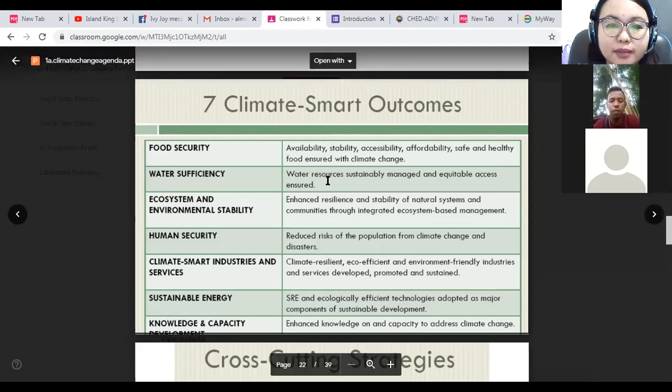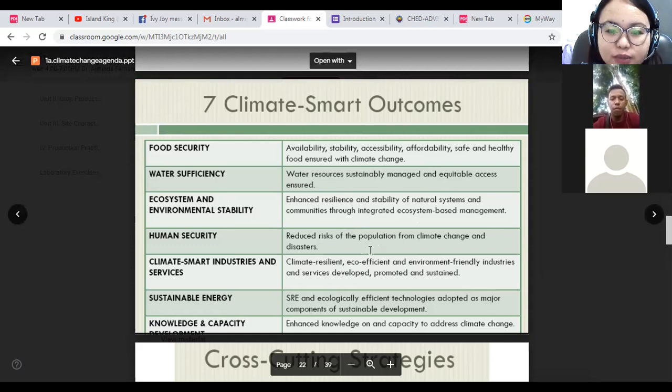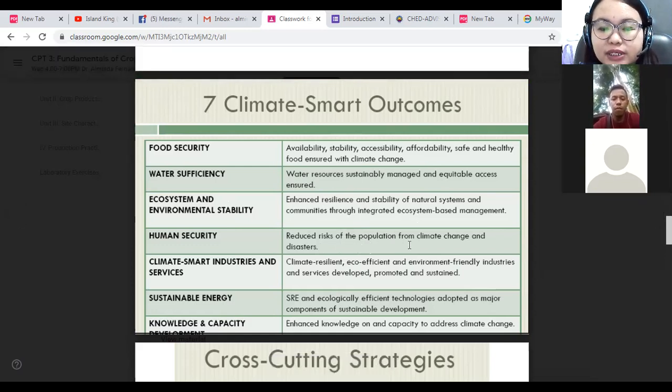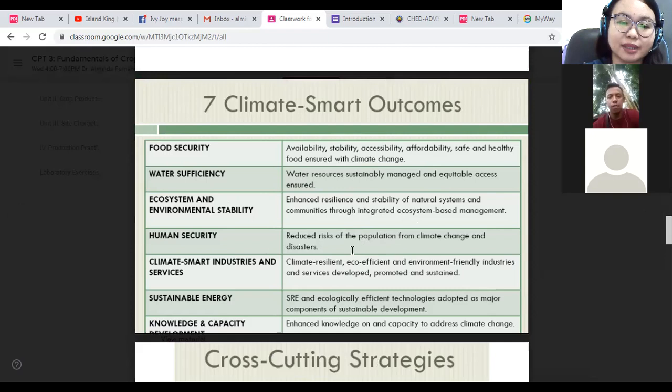For water naman, it should be sustainable. For the ecosystem, it should be resilient and stable. And for human security, reduce the risk of the population from climate change and disasters. And now we have a pandemic, so that falls under human security, and it perhaps also has something to do with climate change.